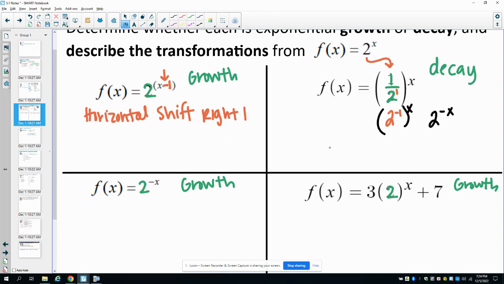But for this one, it's going to impact the domain again, but this time it's going to be a reflection over that axis. So it's going to flip it left to right. Okay, so it's going to be a reflection over the y-axis.